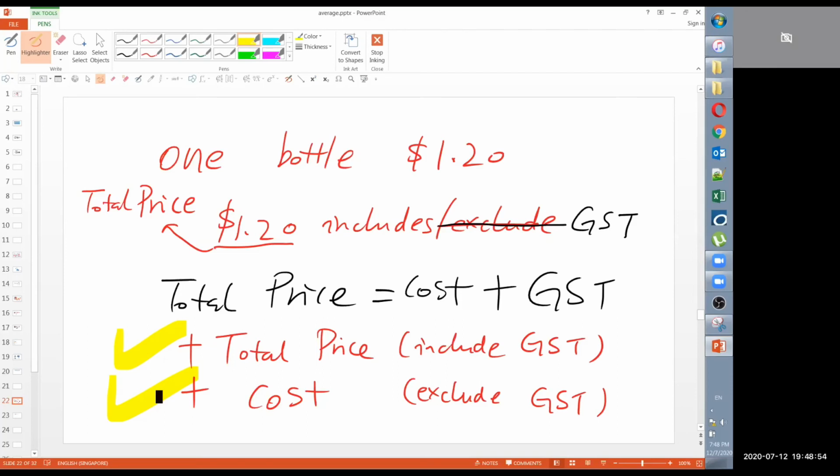The total price include the GST, the cost exclude the GST. One more time. Go. The total price include the GST. The cost exclude the GST. Okay, good.